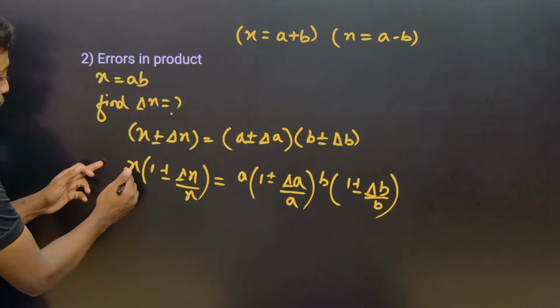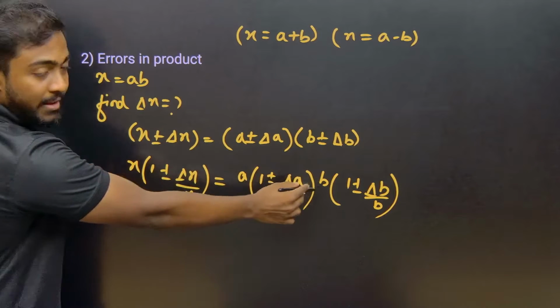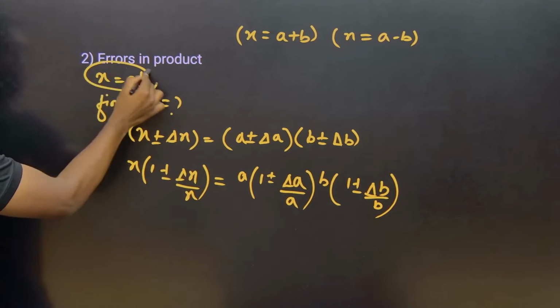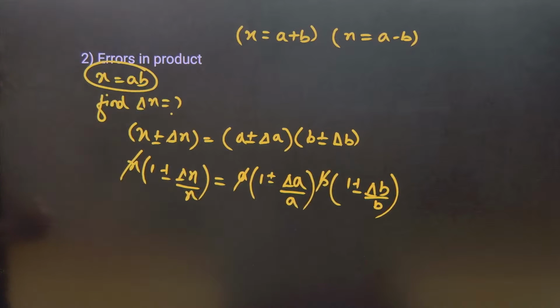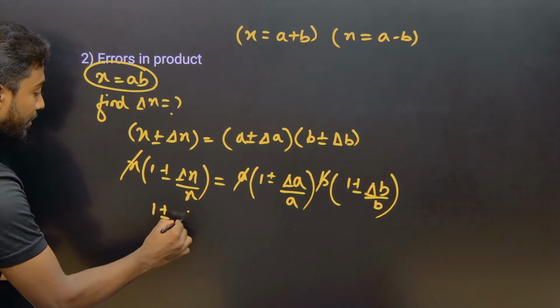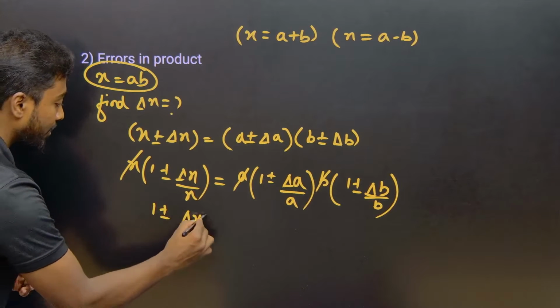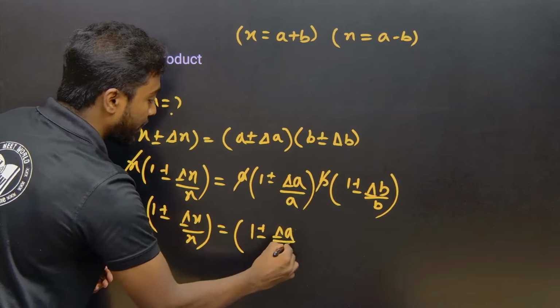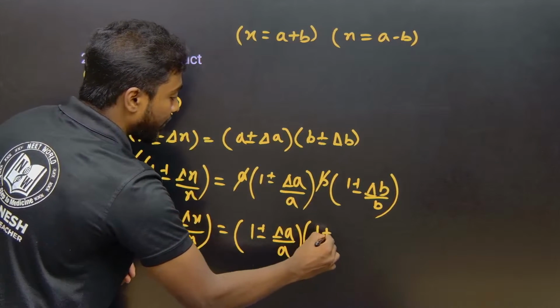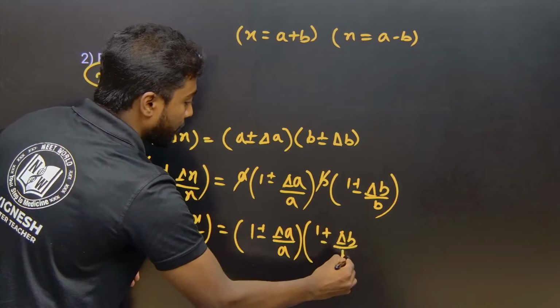So x is equal to ab, so I can cancel it out. So 1 plus or minus delta x by x equals 1 plus or minus delta a by a into 1 plus or minus delta b by b.